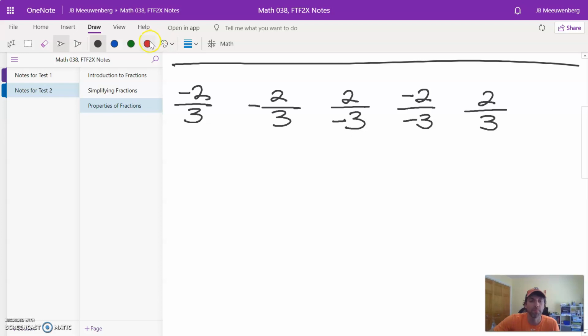And here's the fifth one. And my question to you now, this is so crucial for so many things moving forward, is are any of these equal to each other? If so, which ones? Are different ones equal to each other? Are they all equal? Are none of them equal? I want you to just pause and think about that and take a guess. I'm going to keep going.